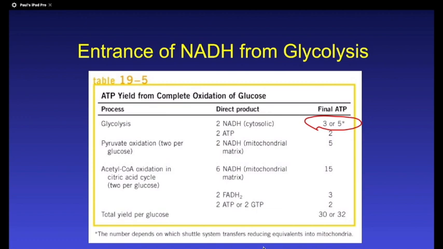I get 15 from that, 6 times 2.5. I make 2 FADH2s in 2 rounds of the citric acid cycle, so that's 3. And then I make 2 GTPs officially, but we count them as 2 ATPs, and so I can get 30 or 32.